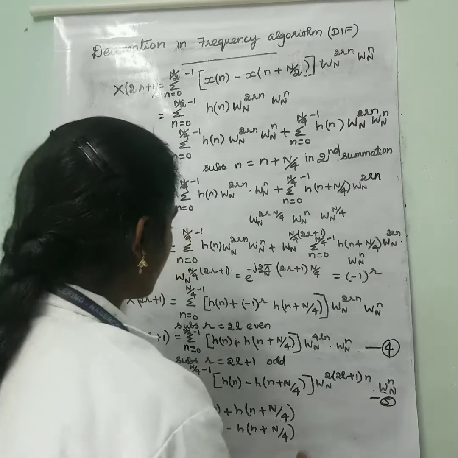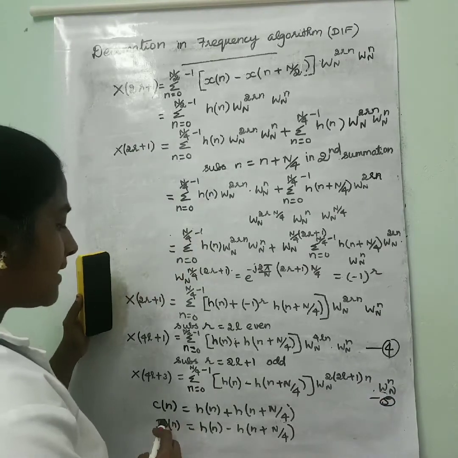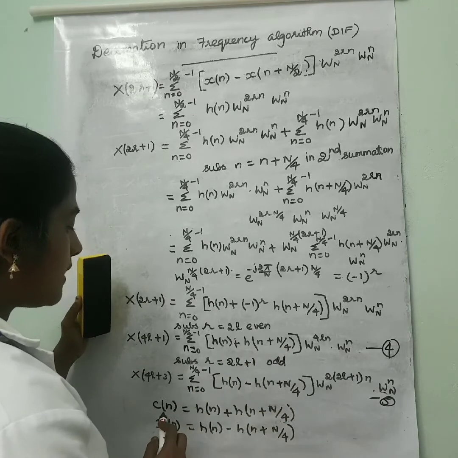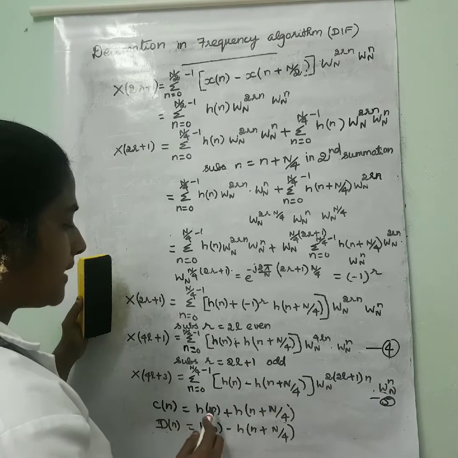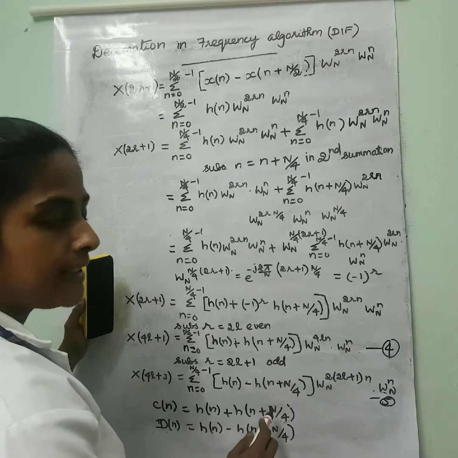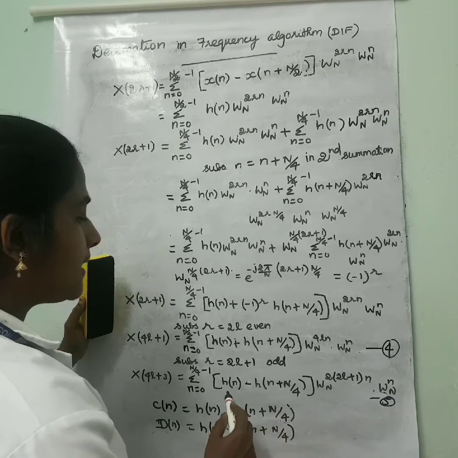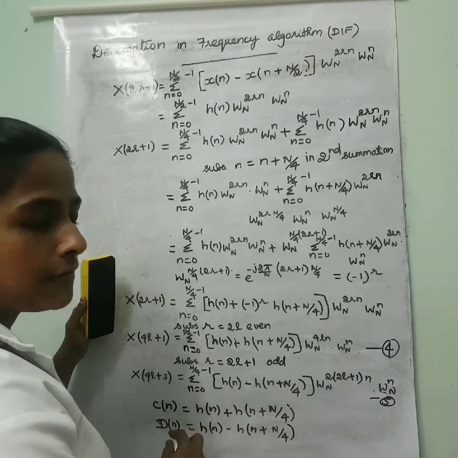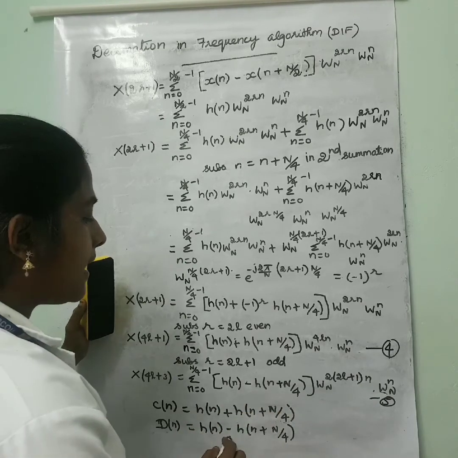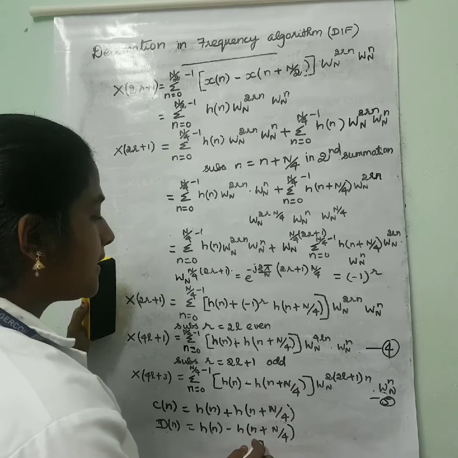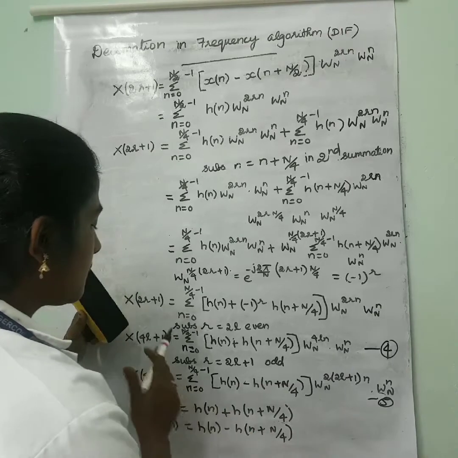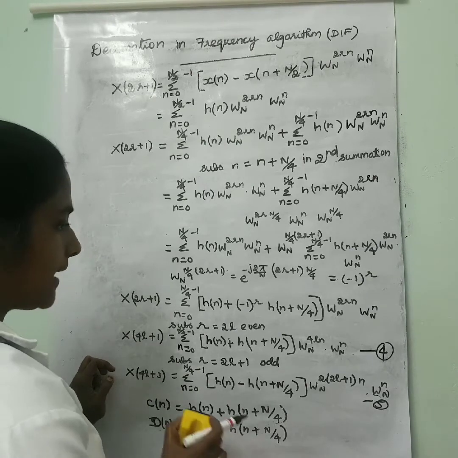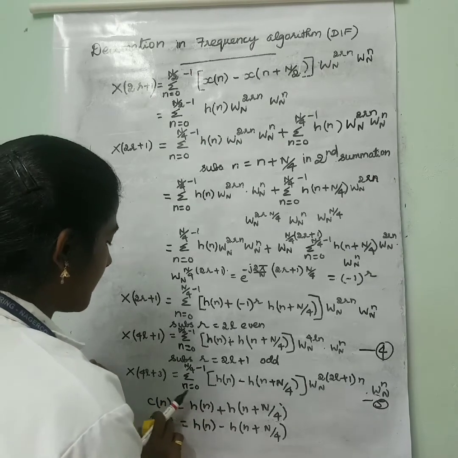From the fourth equation we can write this term as c of n. C of n is equal to h of n plus h of n plus N by 4. Now you can substitute the values of n from 0 to 1.